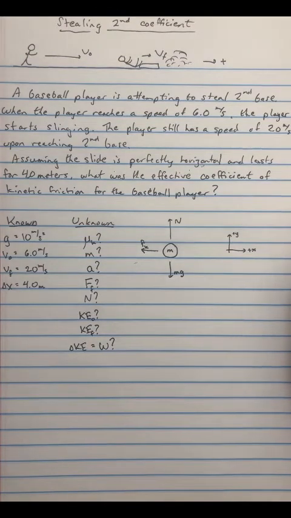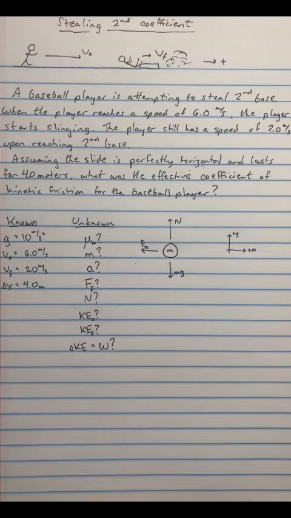And that's it. There is no force driving the ball player forward. This is a common misconception, or at least something that's easy to misconstrue about such problems. Once the ball player has started the slide, there is no force acting on the ball player to keep the ball player moving. That is simply our good old friend inertia, right? The tendency of an object to keep moving in the same direction with the same speed.